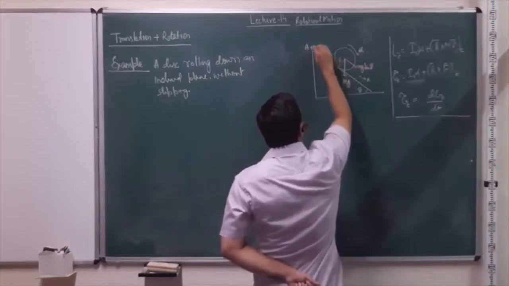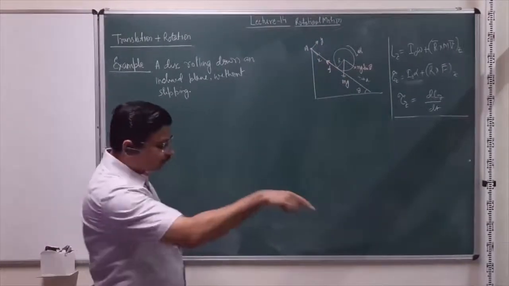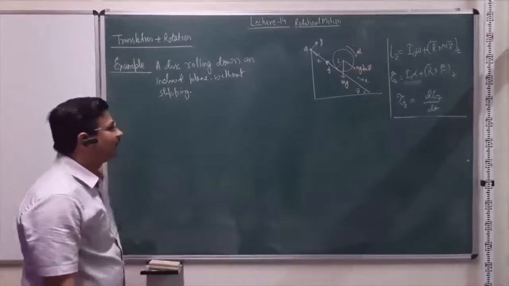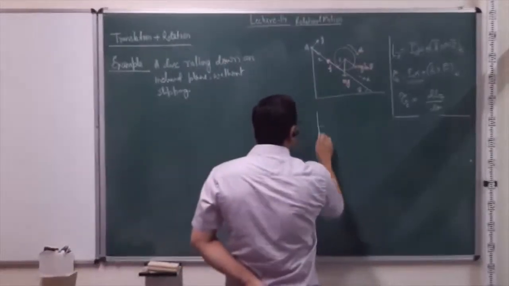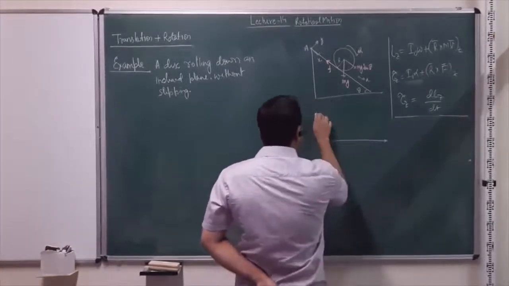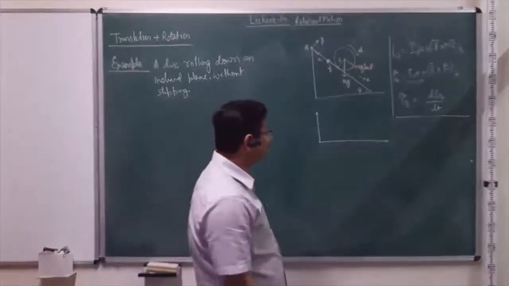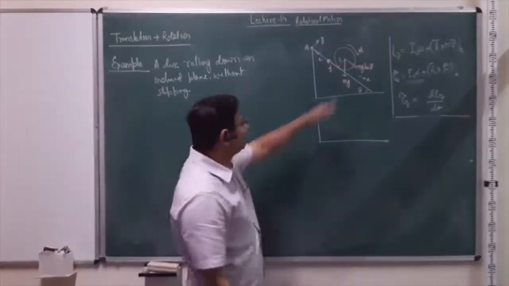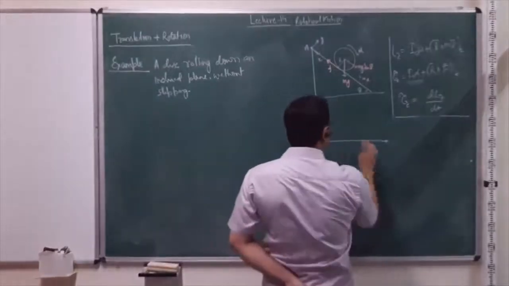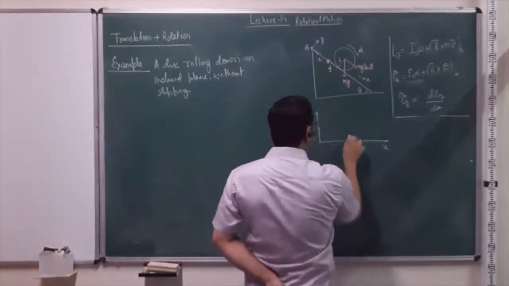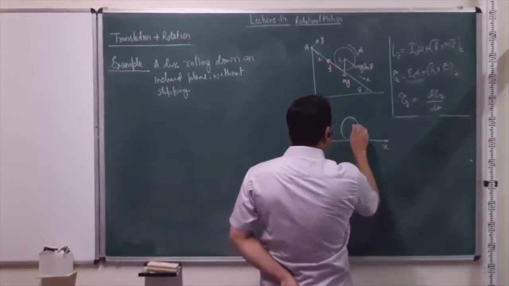If I select my xy axes with the x axis along the incline and the y axis perpendicular to that, then the problem looks much simpler. Effectively it looks exactly the same as the example we discussed in the previous lecture, with the difference that now there are additional external forces acting on the system. So along x, along y, this is my disk.